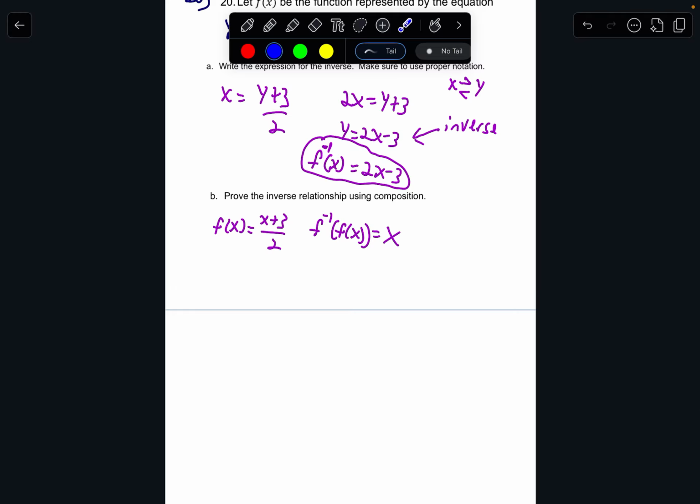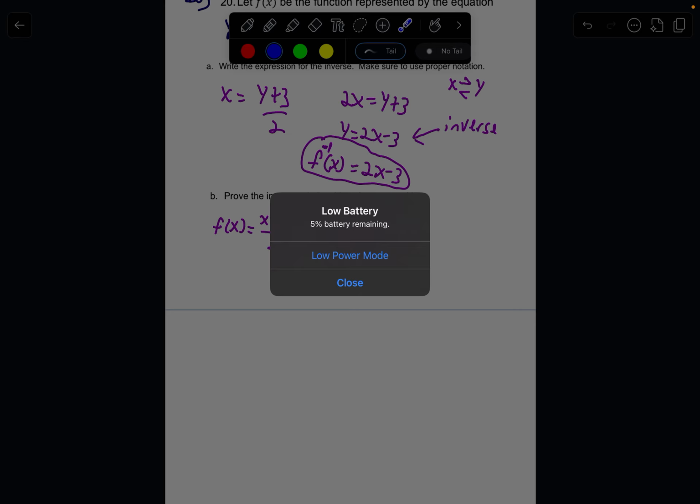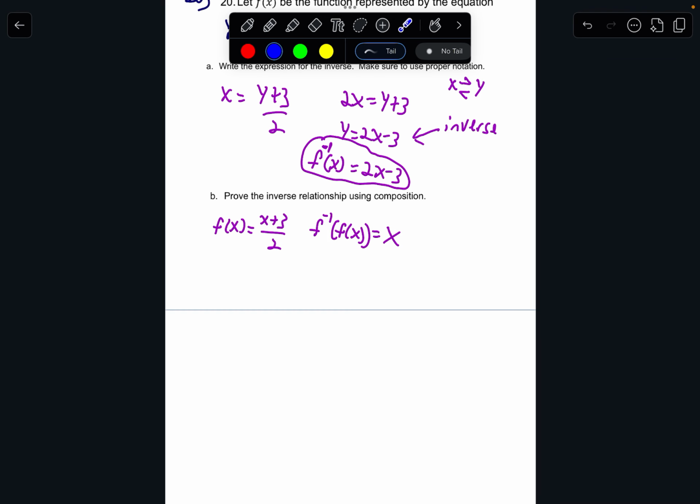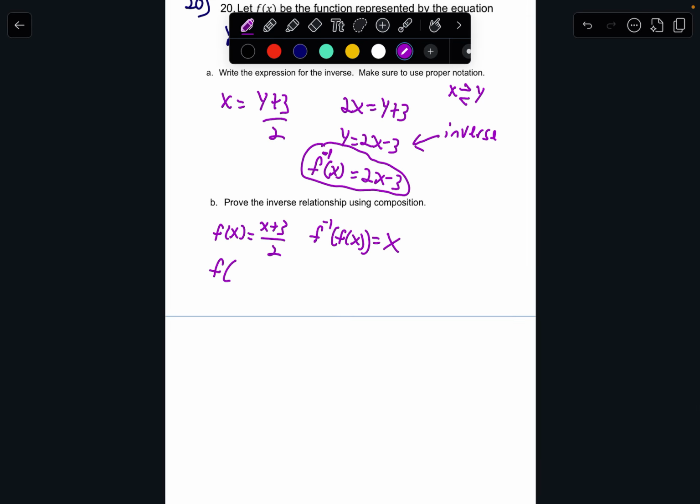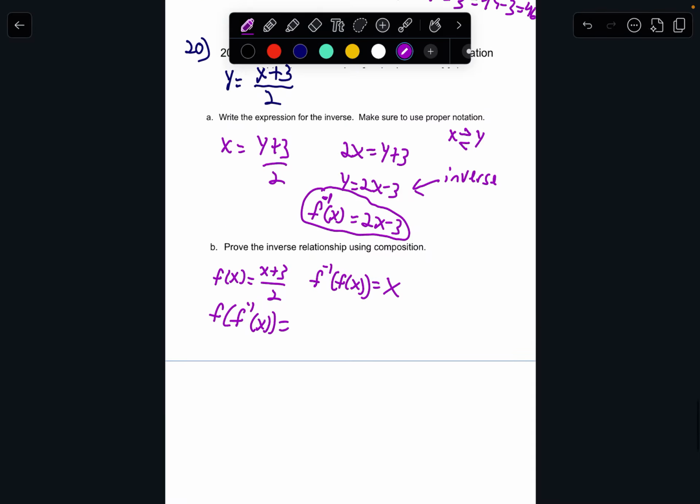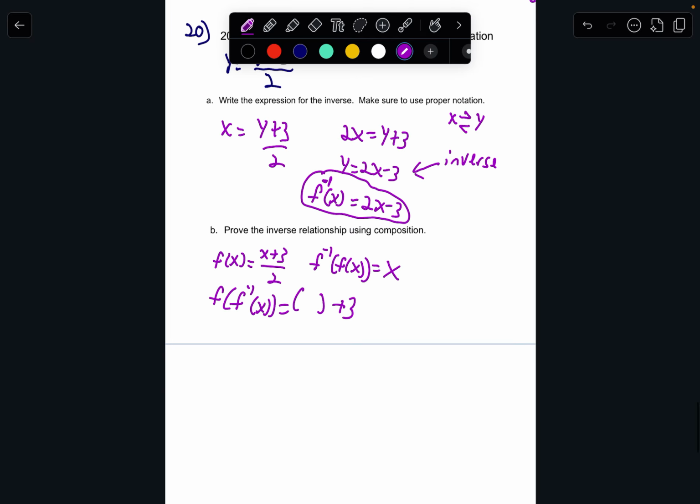So what does that mean? We do a composition, all right? We figured out that the inverse is 2x minus 3. So we're going to do f of f inverse. So f of x, again, is x plus 3 over 2.